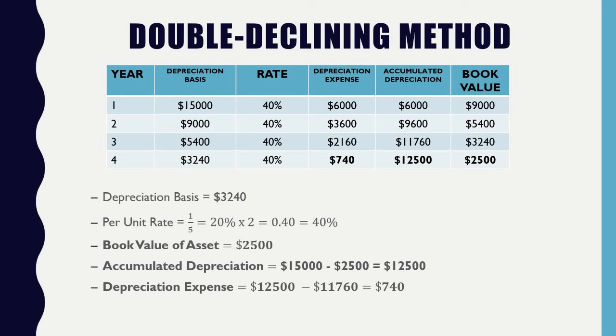Then we work one step further back to solve for the depreciation expense. The formula is depreciation expense equals my accumulated depreciation minus my previous year's accumulated depreciation. And that will give me my total amount of 740.